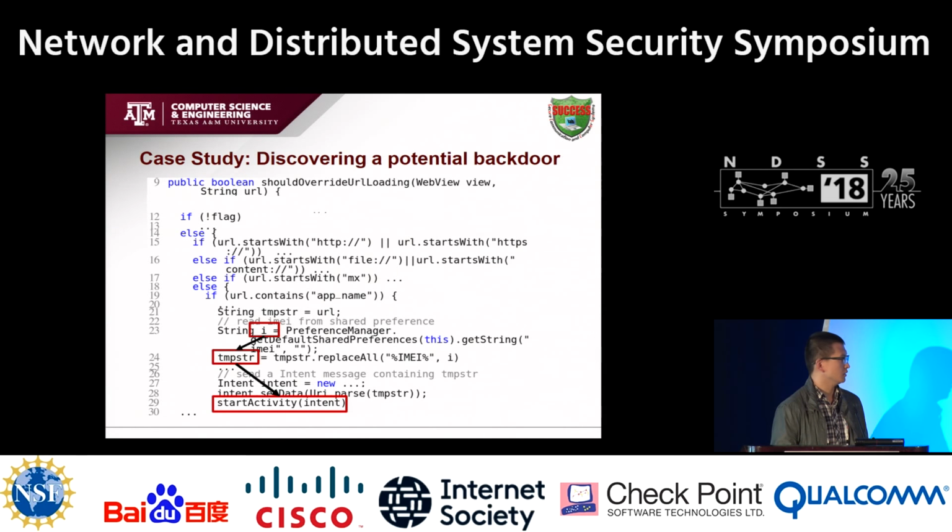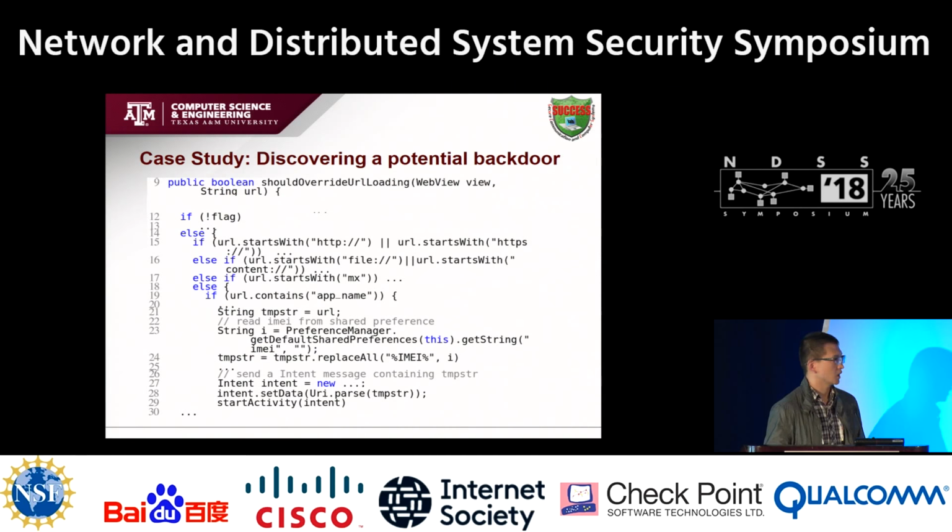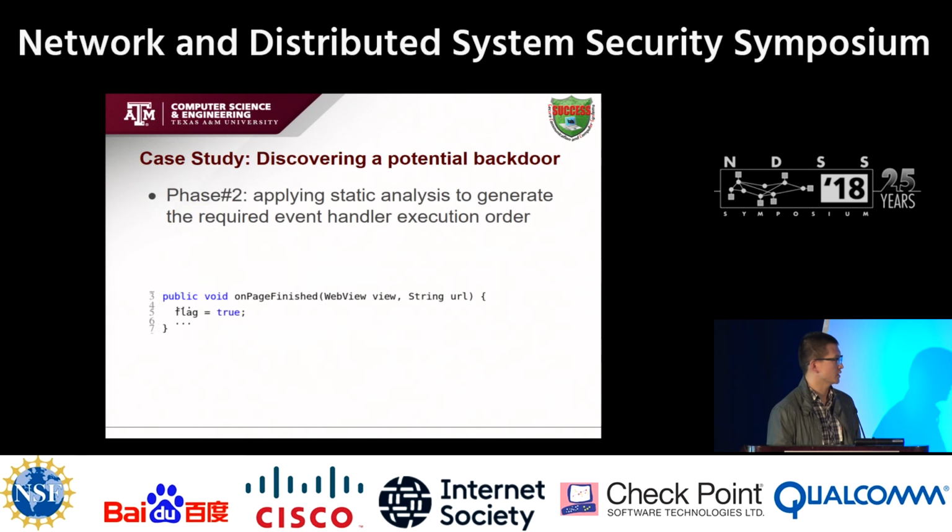And in our analysis, we found it's maybe difficult for attackers to trigger this functionality because there is one path constraint that cannot be satisfied. But using our analysis, we found that there is still some possibility to do it.